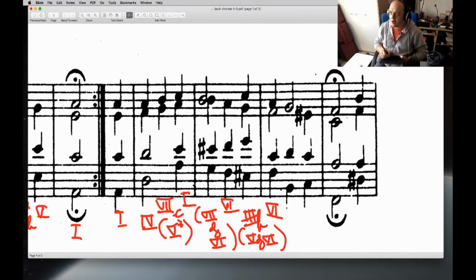Okay, next that's chord 7. This is a G sharp diminished. Chord 7, which functions as 2 of 6. This is 3 chromatic, which functions as 5 of 6, and this is 6.